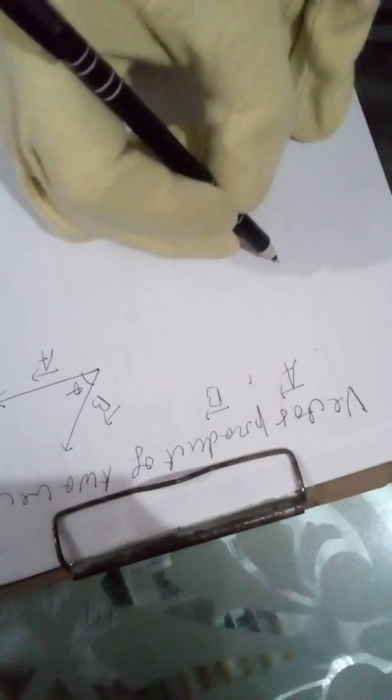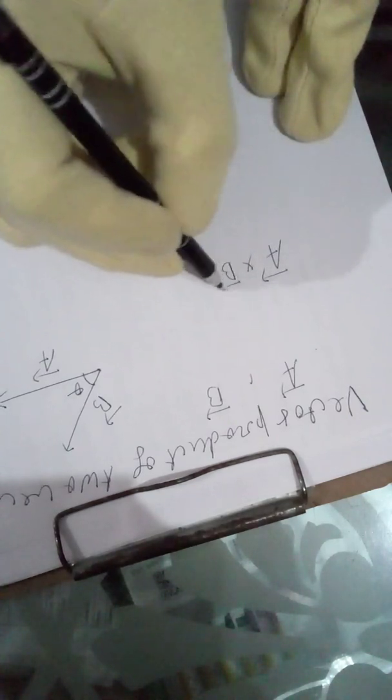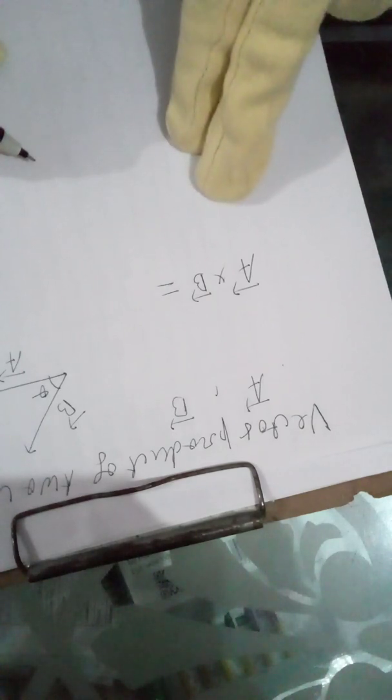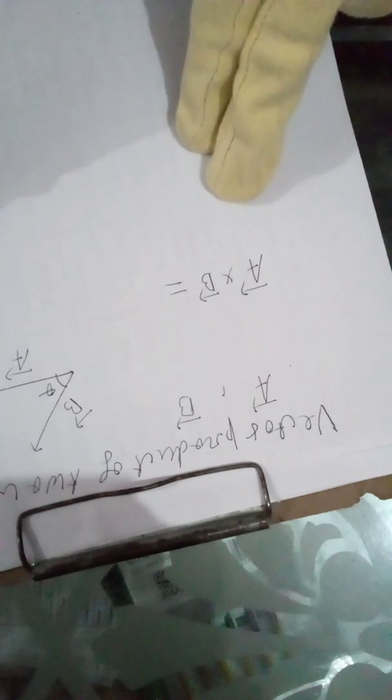Then the vector product of two vectors is equal to the product of the magnitudes of the vectors and the sine of the angle between them, and the direction is perpendicular to the plane in which vector A and vector B lie.